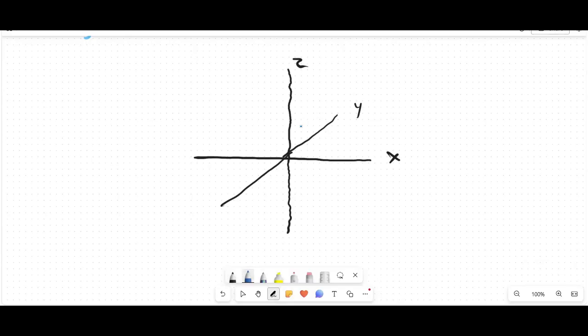Let's try, for instance, phi equals pi over 4. What are all of the points where phi equals pi over 4? Well, for every point that we choose, it must be the case that it makes a 45-degree angle to the positive z-axis. So let's try to find some such point.